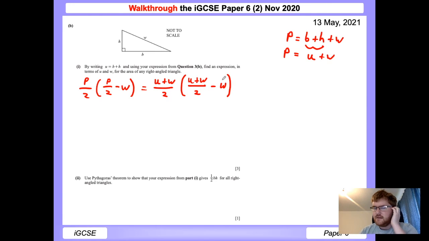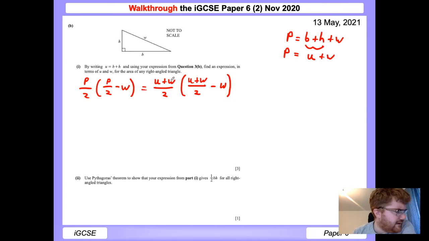This is not straightforward. So we then need to think how are we actually going to approach this. I think the way I would go about this is probably just multiplying out the bracket. We could simplify the bracket inside first and then multiply.